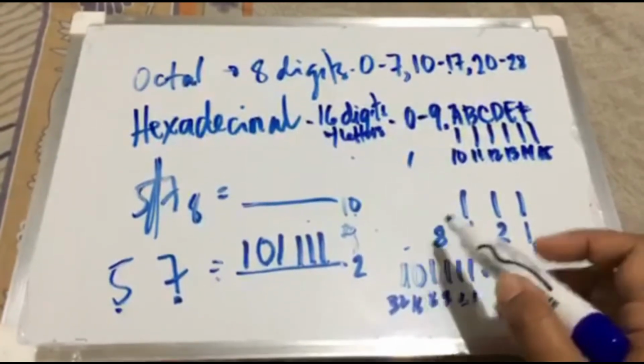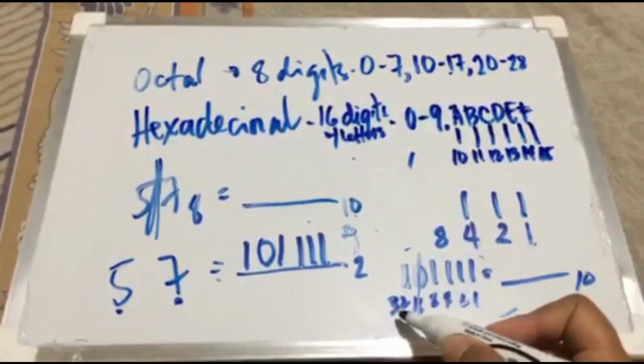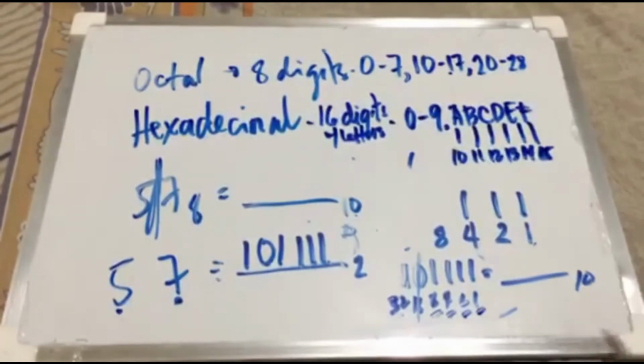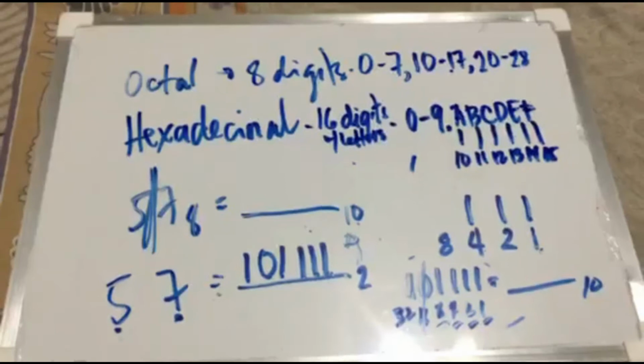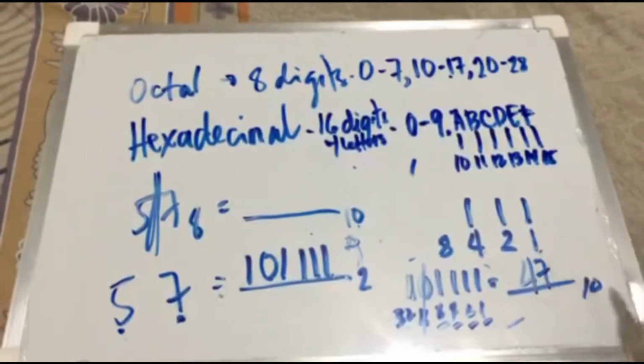We cross out this part because the binary digit is 0. So all we have to do is to add 32, 8, 4, 2, and 1. So the answer is 47.